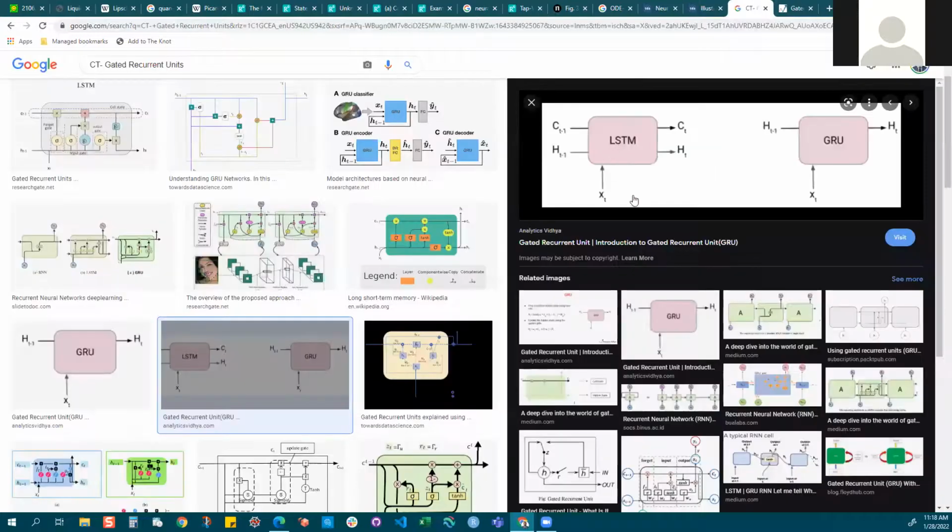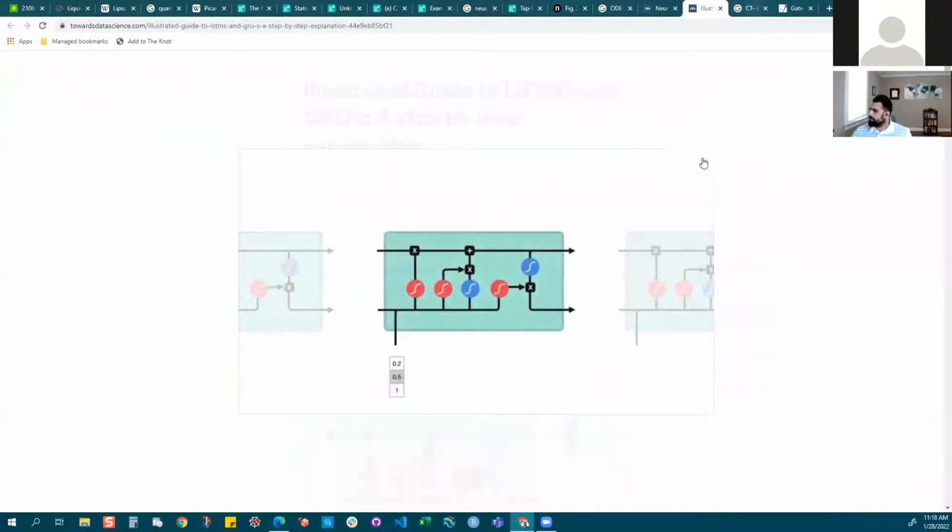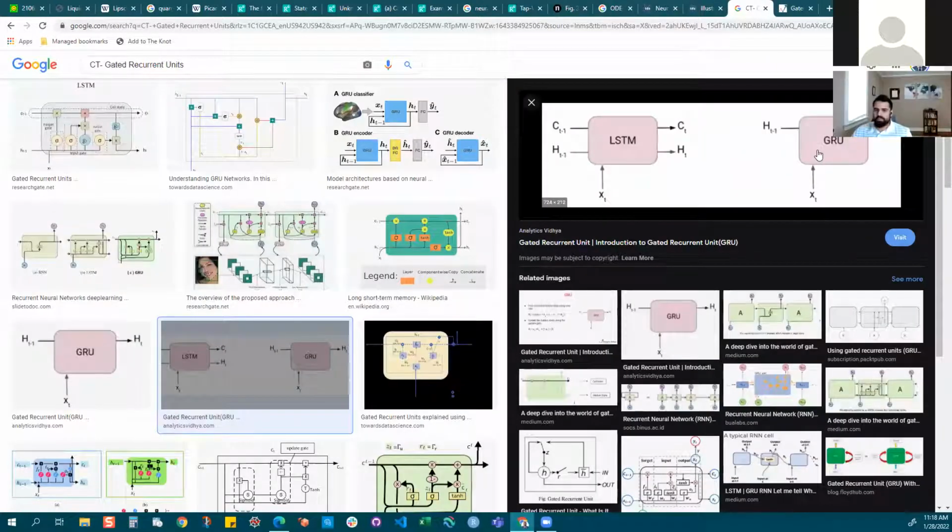There's also GRU that they use in this paper, which is this last model that we have, continuous time GRU, and GRU stands for gated recurrent unit, which is a type of LSTM, but it's the newer version of it, and it's been used only in the past few years.